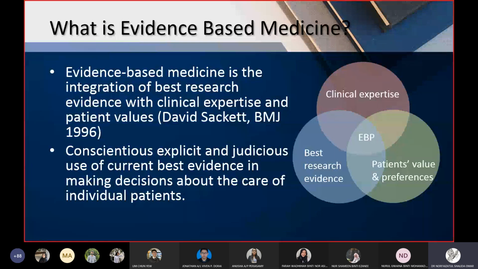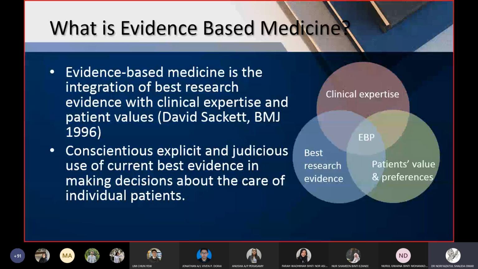Those are under knowledge, which means the clinical expertise. But on top of that, on top of your clinical expertise, your skills and attitude, you have to include the best research evidence and take into account your patient's values and preferences.